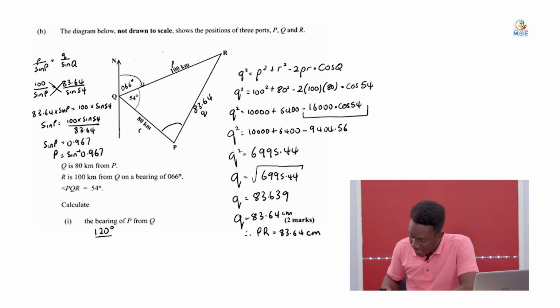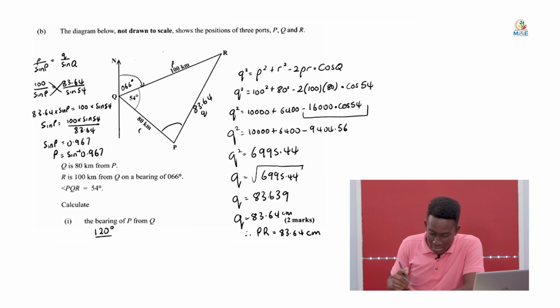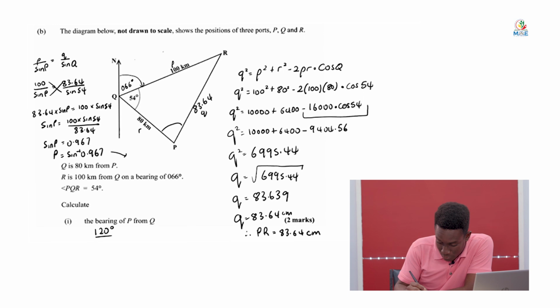If I punch this in my calculator, second function sine 0.967, that would give me, to the nearest degree, 75 degrees. So here P is equal to 75 degrees.